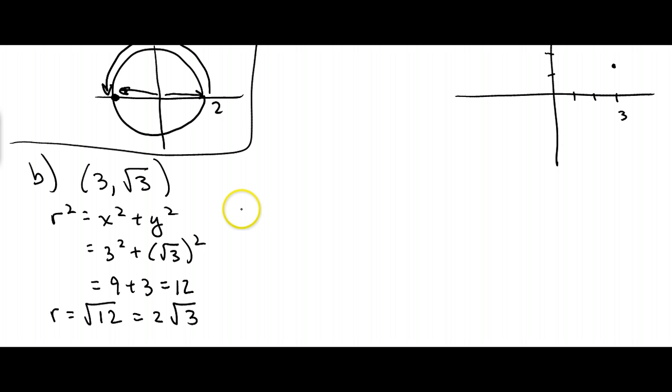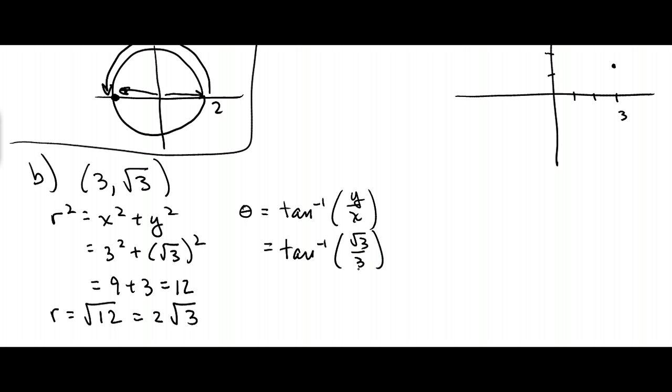And then we need to find theta. Theta is going to be the tan inverse of y over x. So that's going to be the tan inverse of root 3 over 3. And if you think back to the unit circle days, we want to find an angle. We can see that it's in the first quadrant over here.